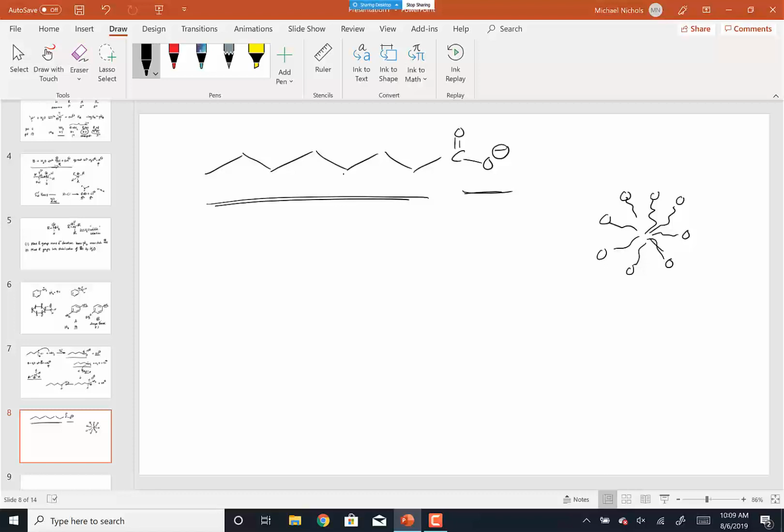Anybody know what those are called? If they're arranged like this, if they're arranged like that, that is the perfect way to make a cell membrane. What do you say? When they're circular, they're called micelles.